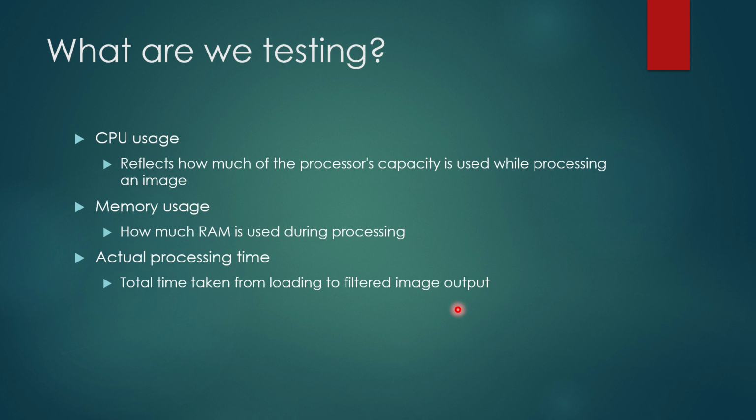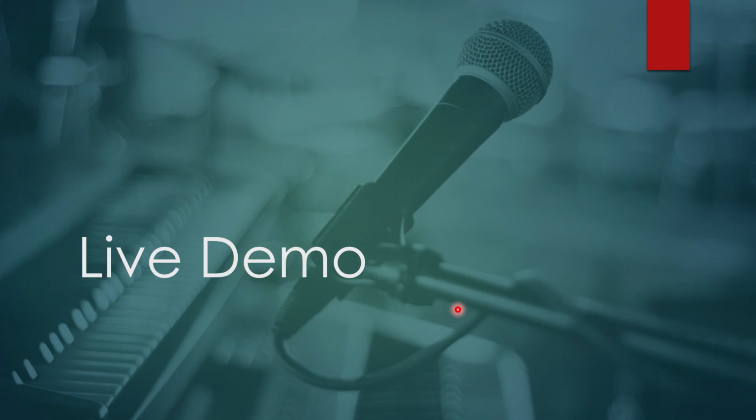Instead, we're using locally cached data. Actual processing time is how fast the image is being filtered and how fast it is completed as a whole. So those are the units of measurement that we'll be showing in our demo. So here's the live demo.